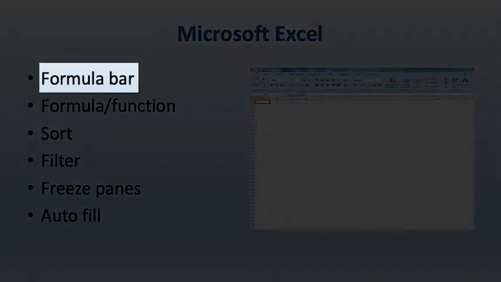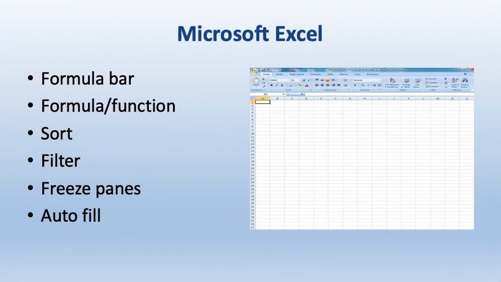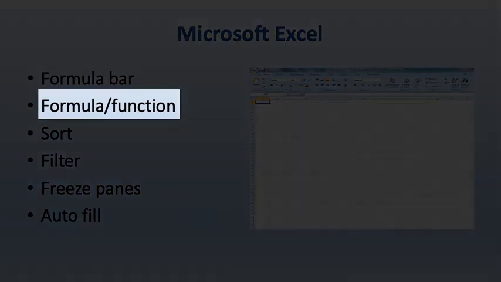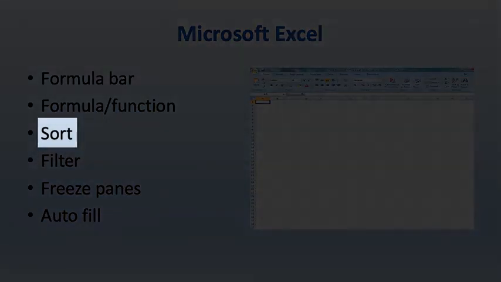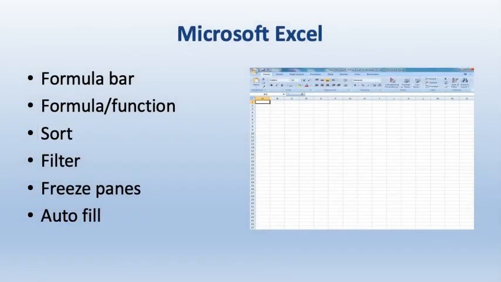Again, Excel, the formula bar. You can write your formulas here, or you can write them in the individual cell that you want to put the data in, and it'll also pop up in the formula bar. Formula is also another word for function in Excel. We'll learn how to sort data, meaning sort from A to Z, or high to low.